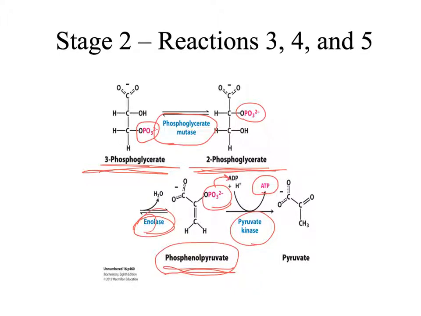So at this stage we've gone through and we have produced our pyruvate, which is ultimately the end of glycolysis. And in the process, in stage 2, we generated 2 ATP per 3-carbon molecule that came in. So per that glyceraldehyde 3-phosphate.